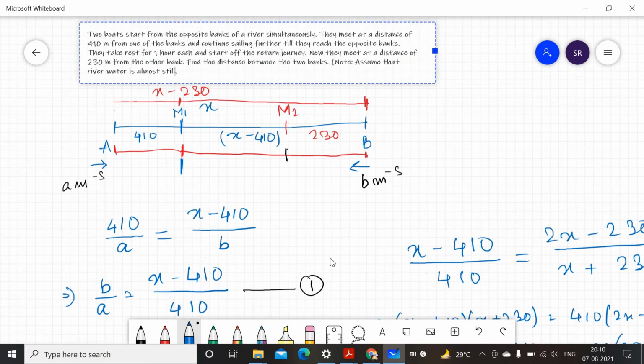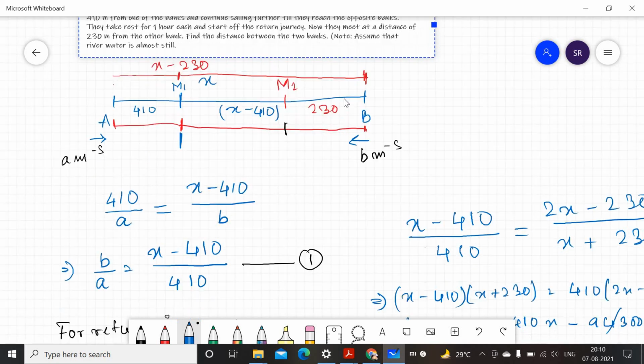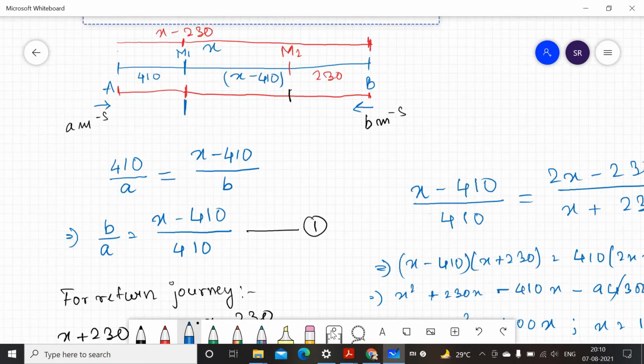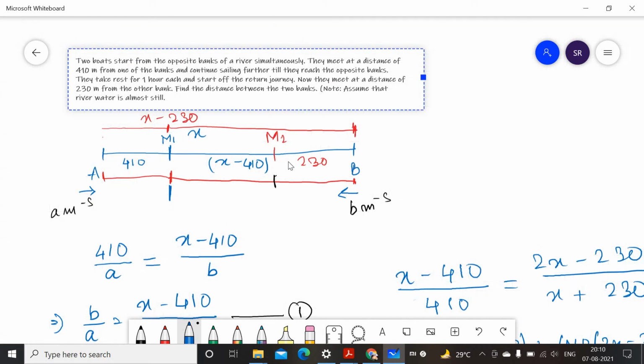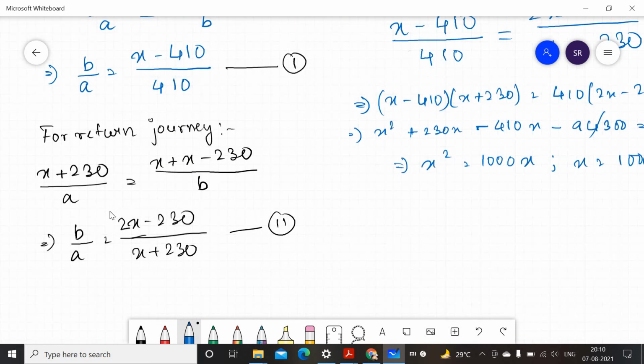So the entire journey is A first traveled up to 410 plus x minus 410, ultimately x distance, and then 230 meters. So the total distance traveled is x plus 230 by A meter per second, and the total distance traveled by B was x and then x minus 230, so x plus x minus 230 by B.